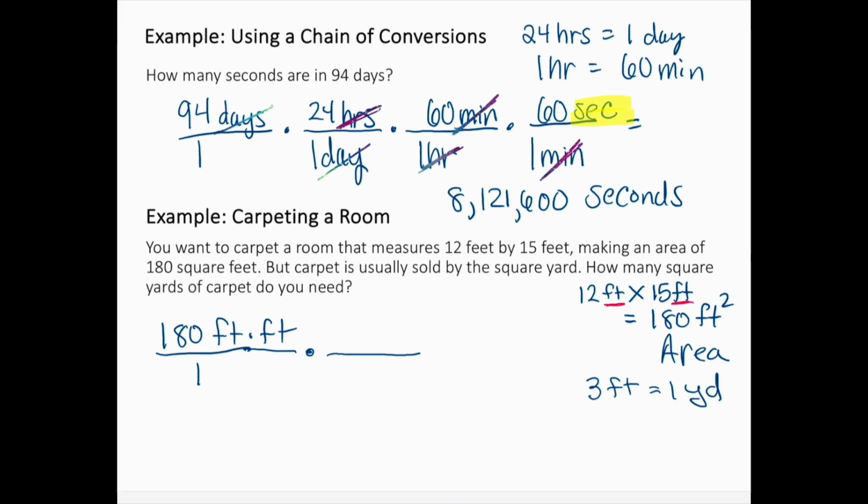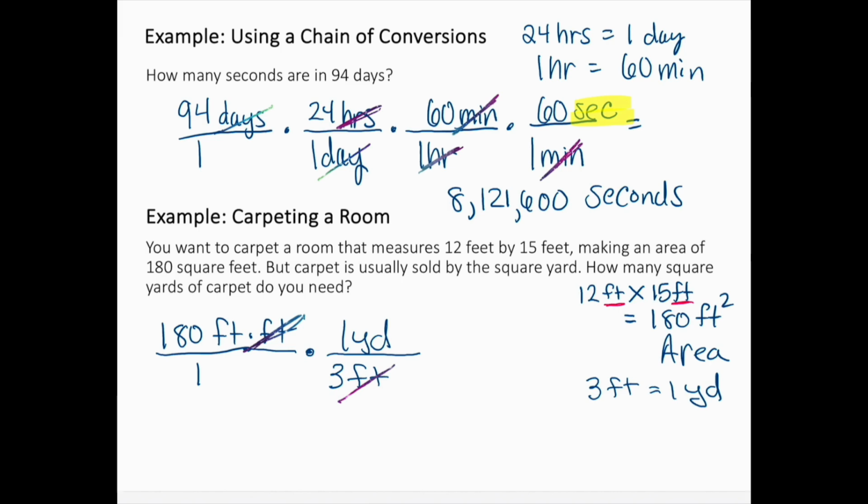So what I'm going to do is I want to cancel out the feet. So I'm going to put feet in the denominator. So I have 3 feet is equal to 1 yard. But when I cancel this foot out here with this foot here, notice I'm still left with 1 foot on the top. And we don't want feet in our answer, we want yards squared.